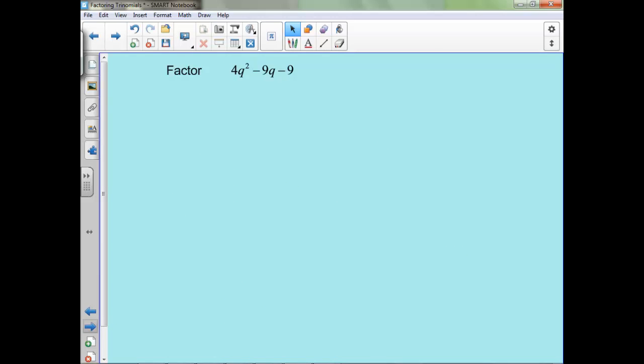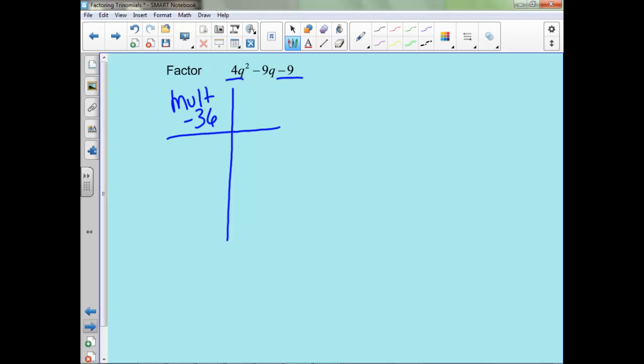So once again, we want to find two numbers that multiply to 4 times negative 9, or negative 36, but then add to negative 9, because that's our middle term. So some options here. We can do negative 6 and 6. Well, that won't work.